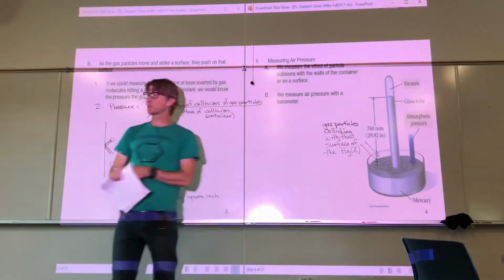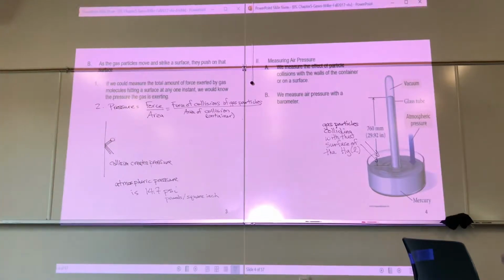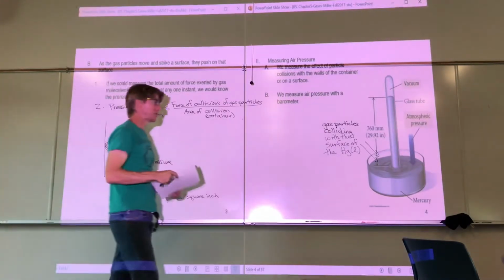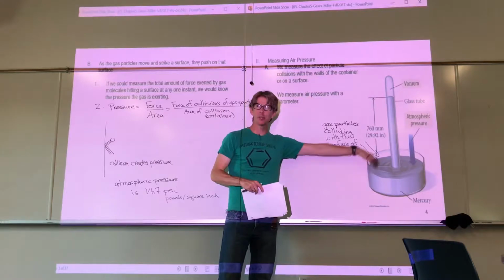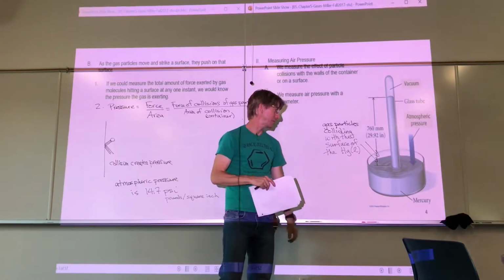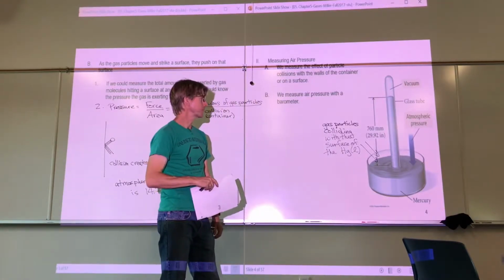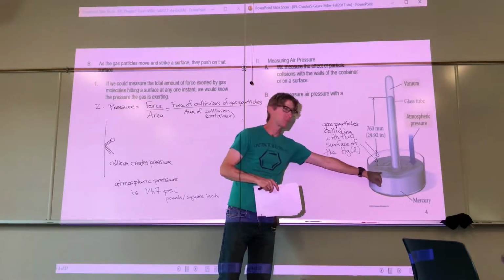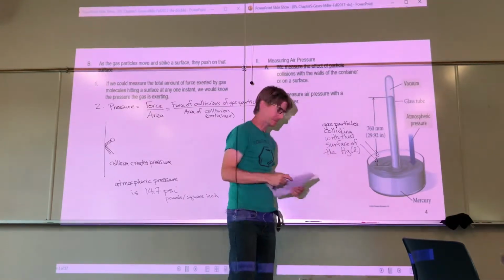Mercury is chosen because mercury is a liquid under atmospheric conditions. We looked at our periodic table. It's blue. The other liquid is bromine. Not a very fun thing to use. Chemists are practical people. It turns out that bromine would just all evaporate, but the mercury takes a very long time to evaporate, so functionally it's much better. They collide with the surface of the mercury to impart a pressure.